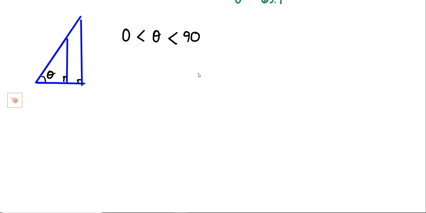So what I'd like you to do is work together and see whether you can come up with any conclusions as to whether there are any limits for sine, cosine and tangent for angles between 0 and 90. You can write them down if you want.